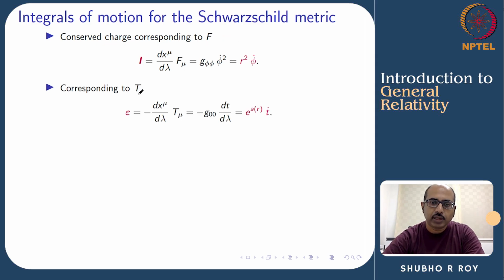Similarly, for the Killing vector T, which is nothing but del t, we have the charge epsilon. As is conventional in the case of timelike Killing vectors, we define the charge with an extra minus sign, such that the final expression is positive. So this is the conserved charge corresponding to the Killing vector T.